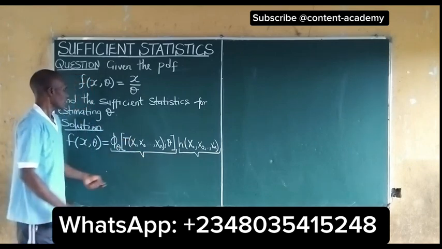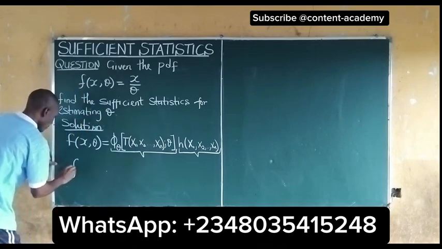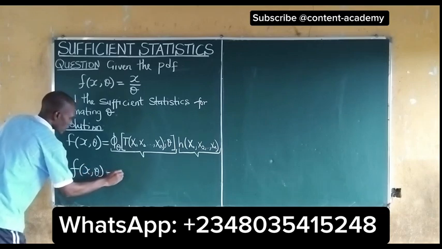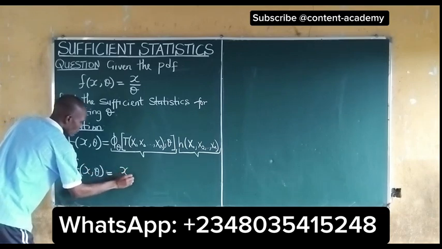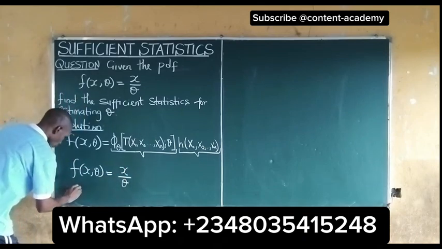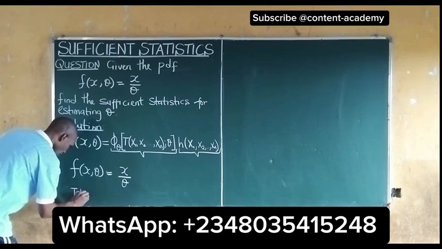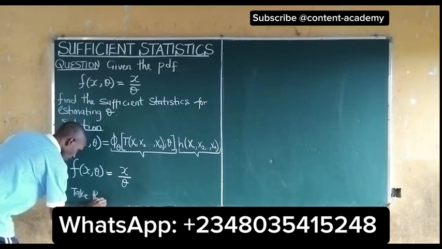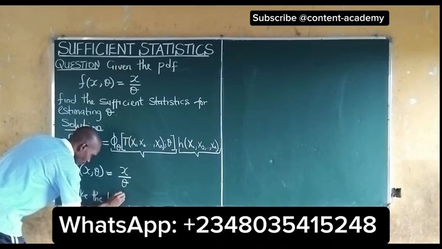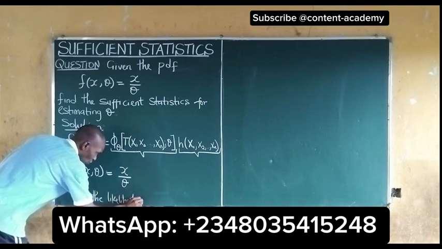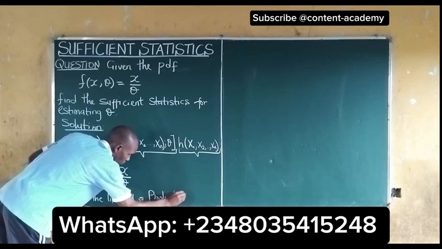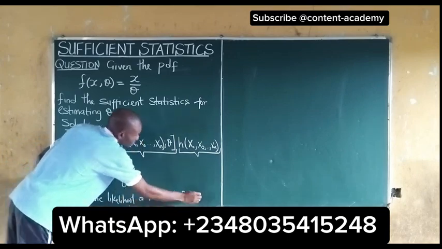components like this. So if we are given f of x as our PDF to be x all over theta, what do we do? The first thing to do is to take the likelihood, or you call it the product sum.